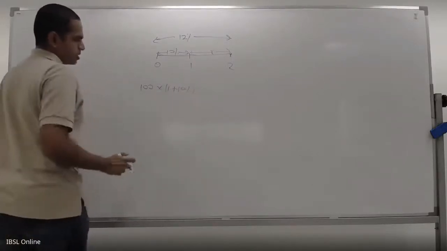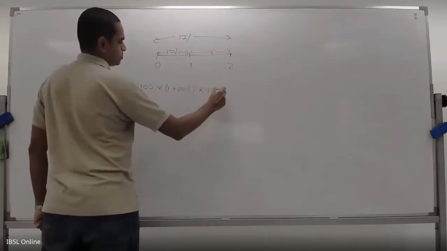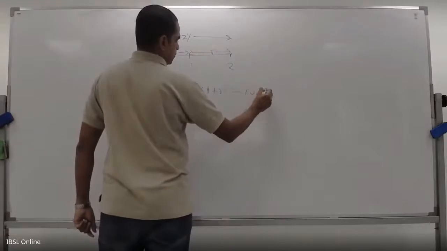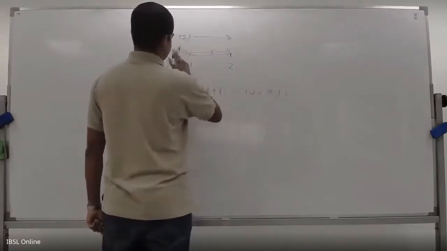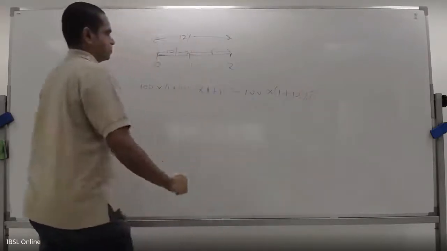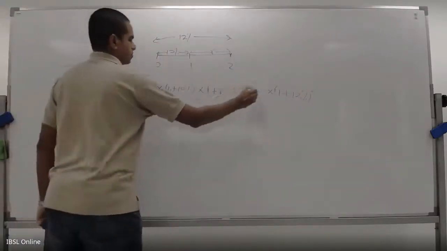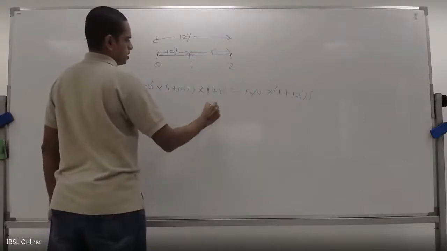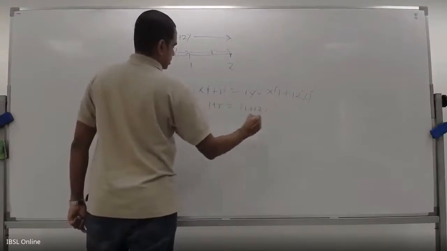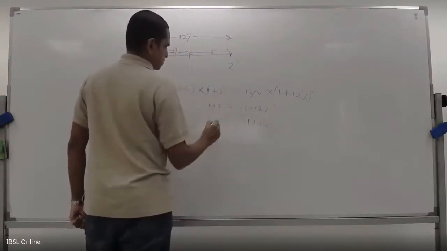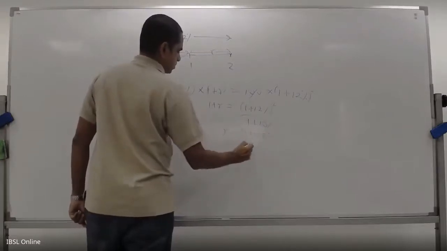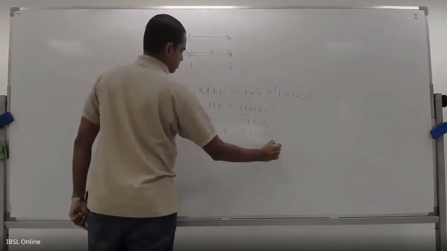Now the same amount, capital plus interest, if you are lending for another year, you will get 1 plus R. For the bank to be indifferent, it should be equal to what they get for 2 years, 1 plus 12% squared. So the 100 cancels off. 1 plus 10% times 1 plus R will be equal to 1 plus 12% squared. Therefore, 1 plus R is 1 plus 12% squared divided by 1 plus 10%, and R is that minus 1.